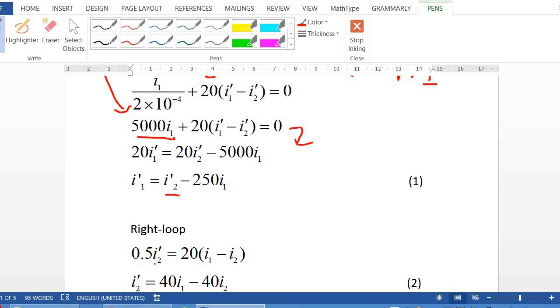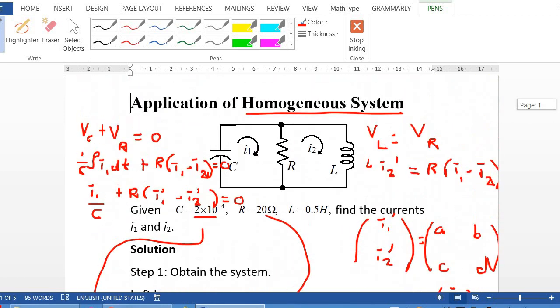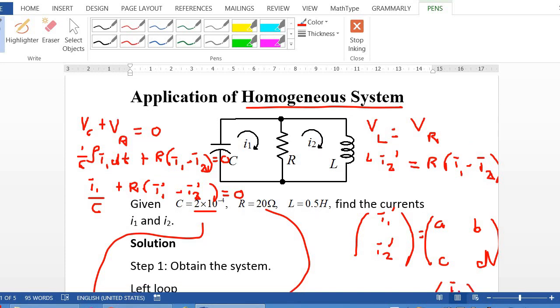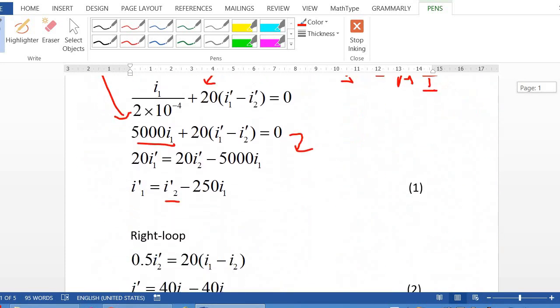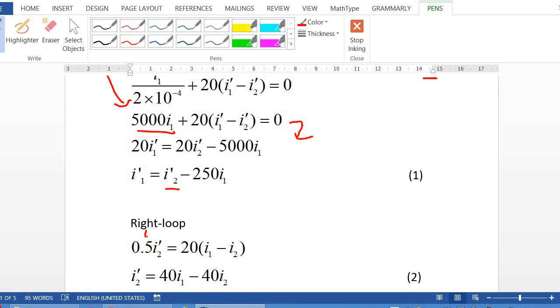This is actually R I2 prime, L. So I make L, which is 0.5 in here. This is actually L I2 prime equal to the VR here.